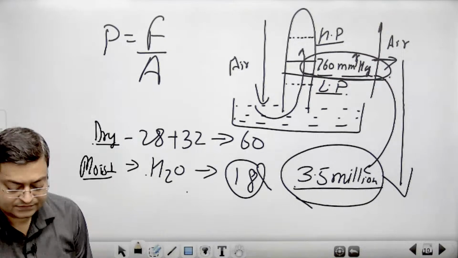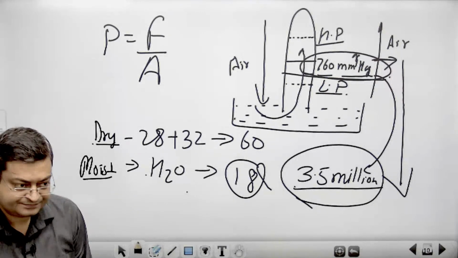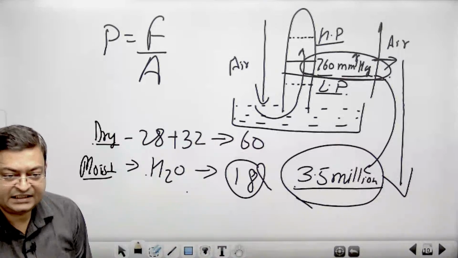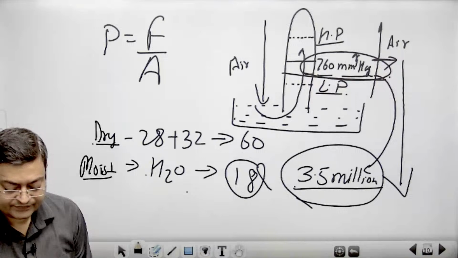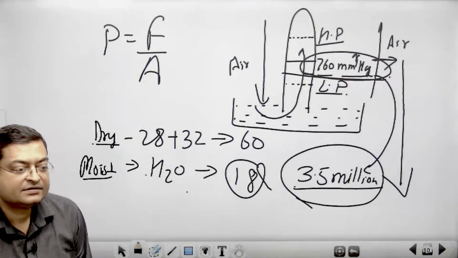The pressure at the center of the earth is 3.5 million times the pressure at the surface.